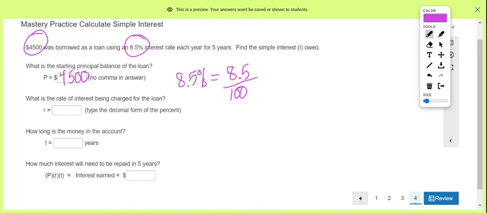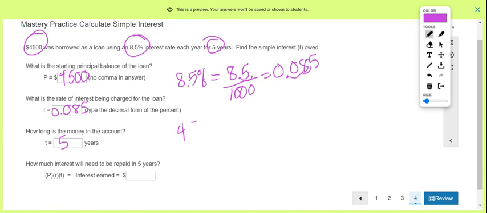So we have 8.5 out of 100, or 85 out of 1,000. So we move the decimal 2 places to the left. So we're going to end up with 0.085, and that is over 5 years.